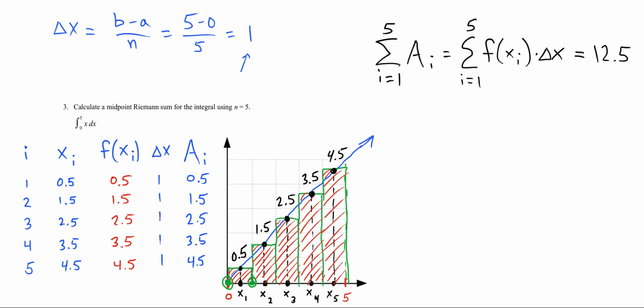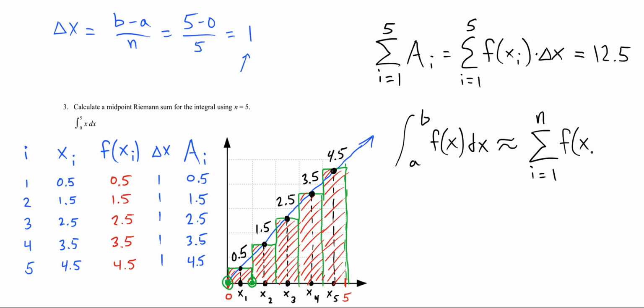And so the basic theme here of these Riemann sums is that we can approximate an integral from a to b of f of x dx by using a summation from i equals 1 to n of f of xi delta x.